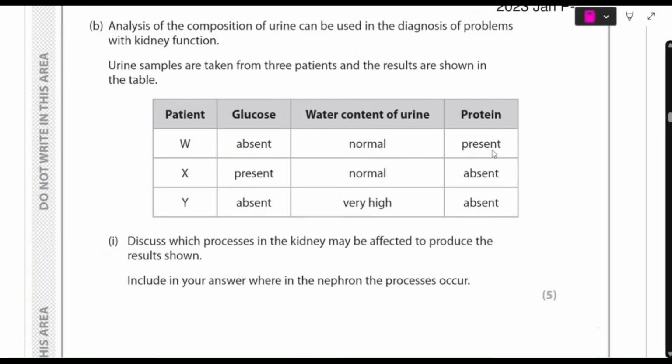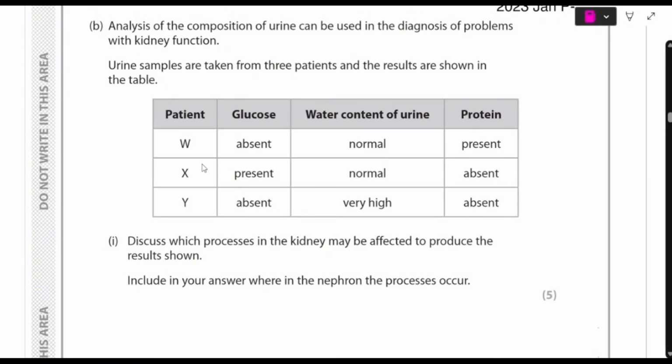So this is not normal. If a person has protein in their urine, they have some fault or problem at their glomerulus, because this is where ultrafiltration takes place to filter out big molecules like protein. So we have a problem at the glomerulus or in the process of ultrafiltration.